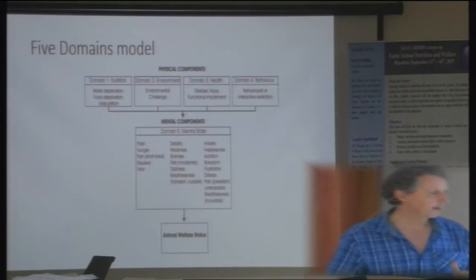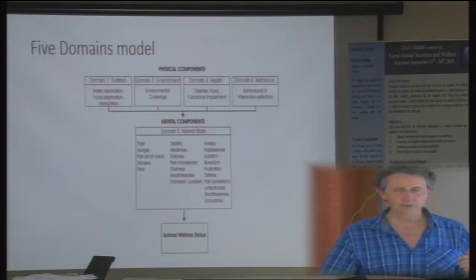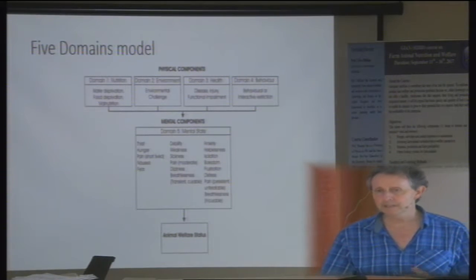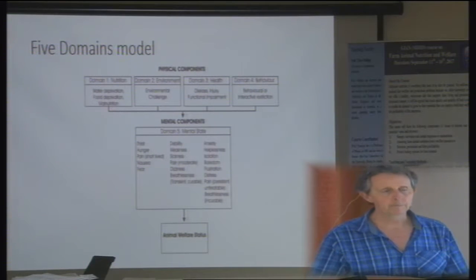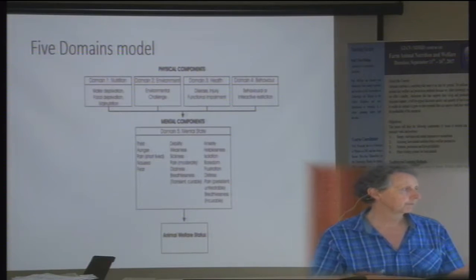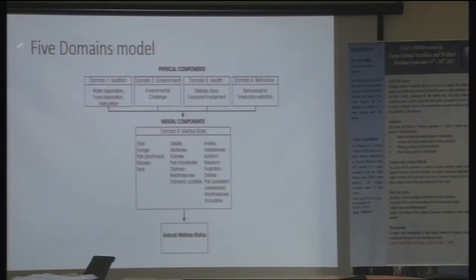So that's the 5 freedoms. I'd also mention that animal welfare assessment has moved one stage further and moved towards what we call a 5 domains model. This has come out of New Zealand and it's somewhat similar, but I think a bit more thought has gone into it compared with the 5 freedoms.